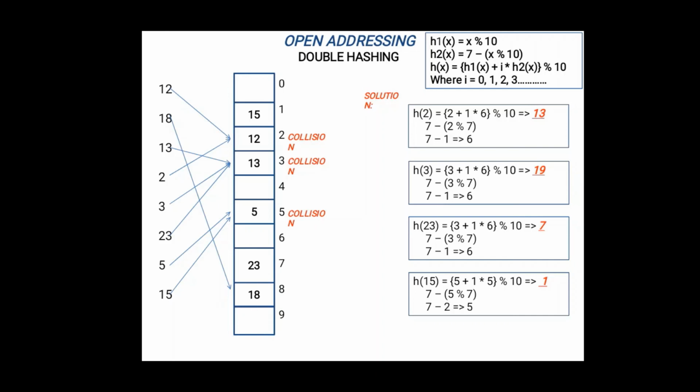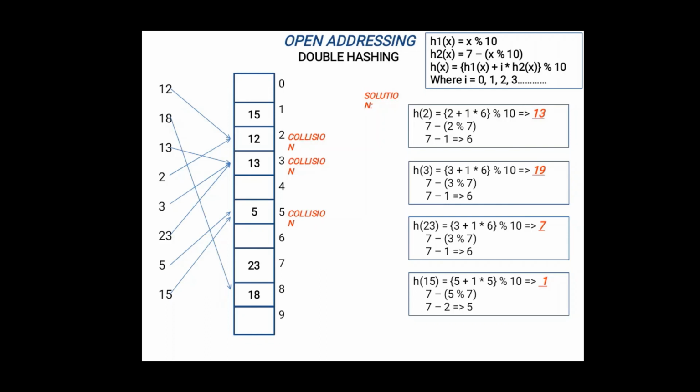So 2 mod 7 is equal to 2, therefore 7 minus 1 is equal to 6. So that is why I get that 6. So h of 2 is equal to (2 plus 1 times 6) mod 10, which is 13. Since the size of our hash table is only 10, we just ignore that one.